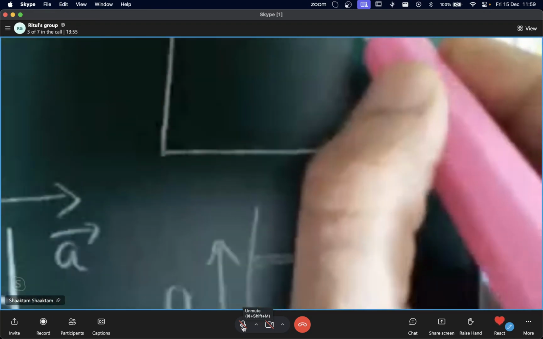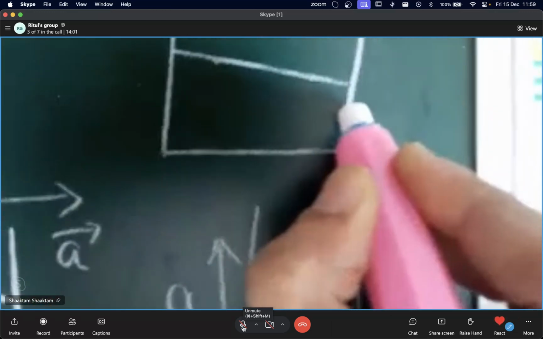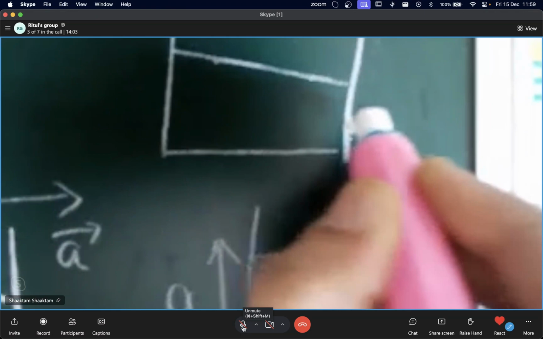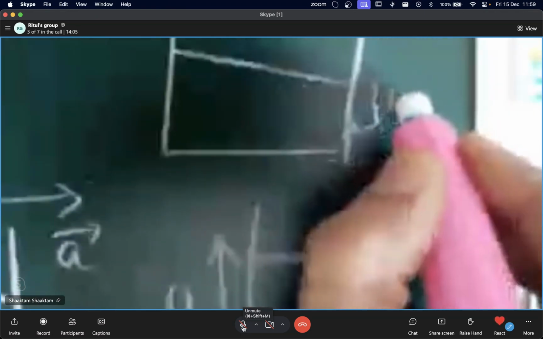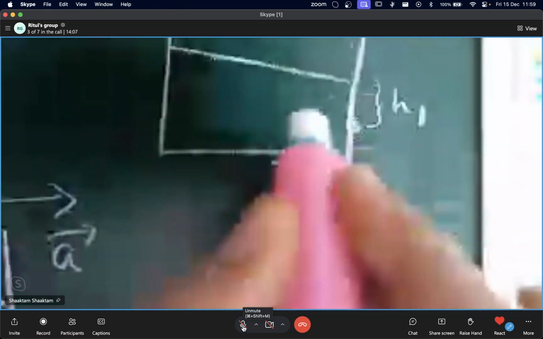This is the trot, this being the free surface. This point which I'm marking A is at a height h1 from the free surface.